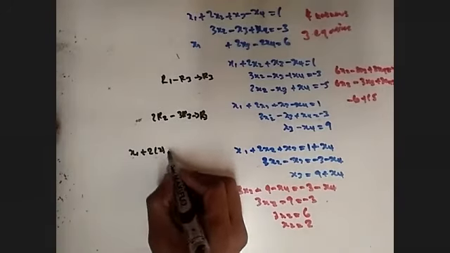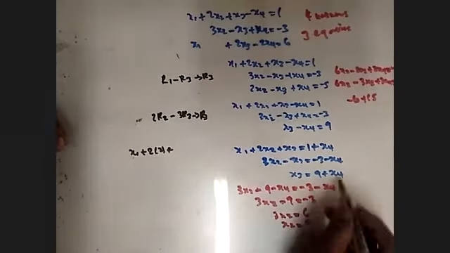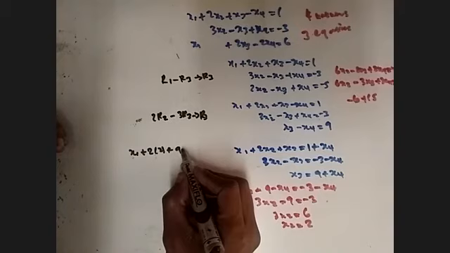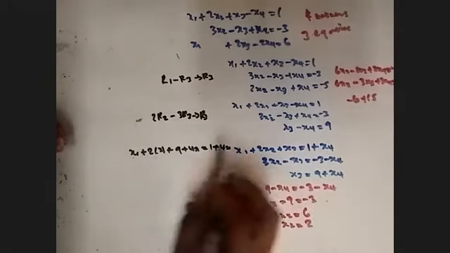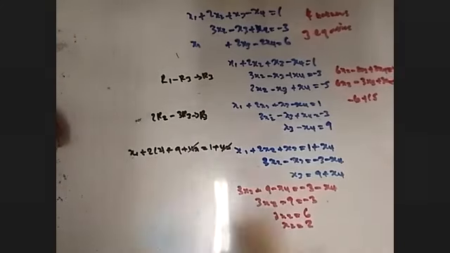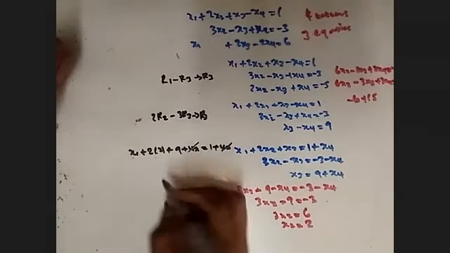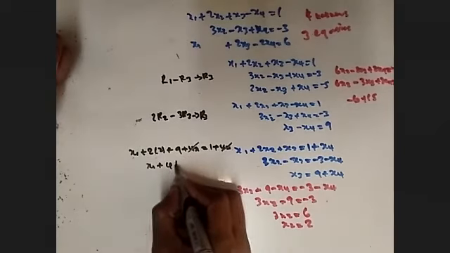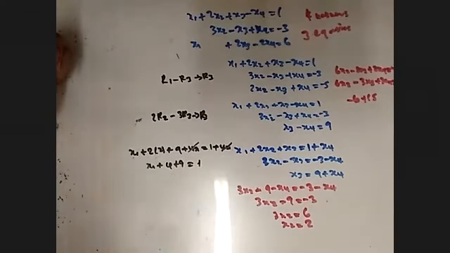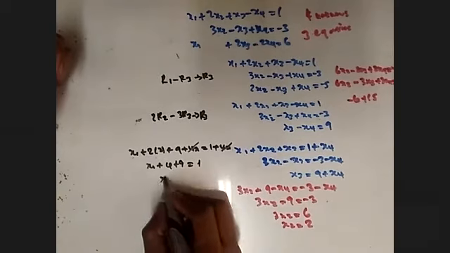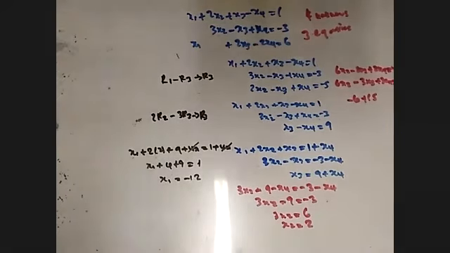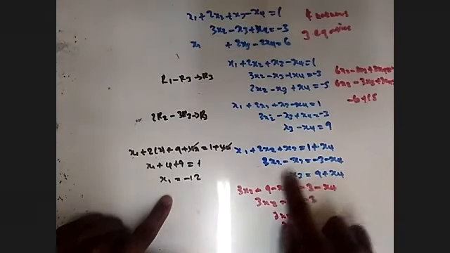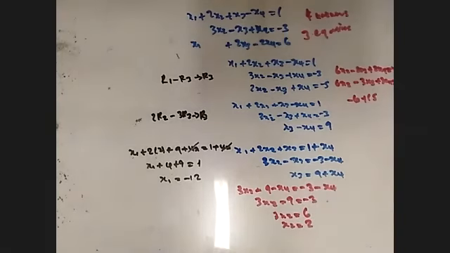For x3, we're going to substitute 9 plus x4, which is equal to 1 plus x4. Do you see that these ones, they're going to give us 0, so they're going to go out. So you're going to have x1 plus 4 plus 9 is equal to 1. 4 plus 9 is 13, so x1 is equal to negative 12. So in this particular case, we found our x1, we found our x2. Our x3 is given with respect to x4.